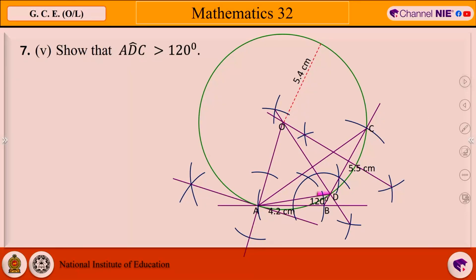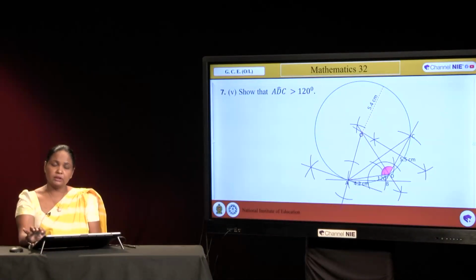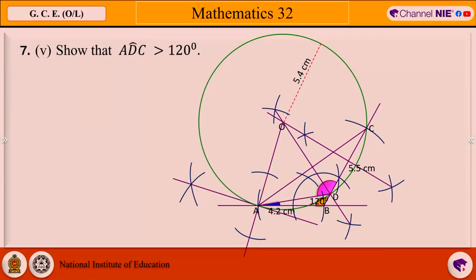Of course, you know that when a side of a triangle is produced, the exterior angle formed is equal to the sum of the interior opposite angles. Therefore, by using that theorem, we can show ADC is greater than 120 degrees, because we have to add the angle BAD to this 120 degrees. So, it is obvious that the angle ADC is greater than 120 degrees.